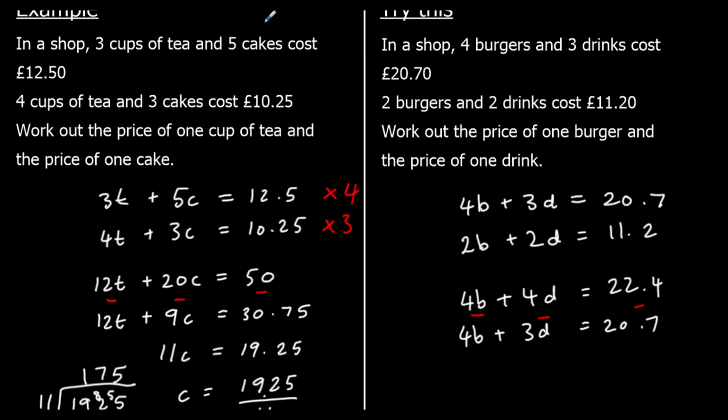We can take them away to get rid of them. 4B take away 4B is nothing. 4D take away 3D is D. And £22.40 take away £20.70 is £1.70. So a drink is £1.70.